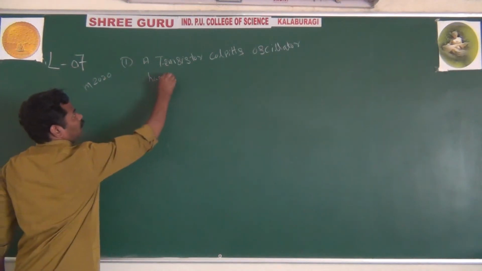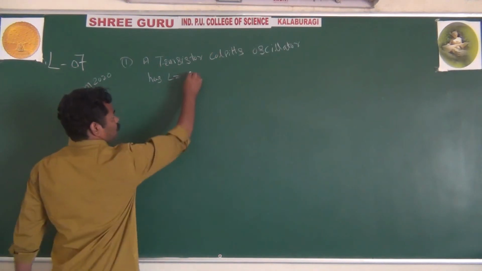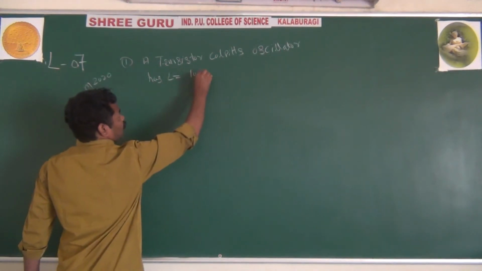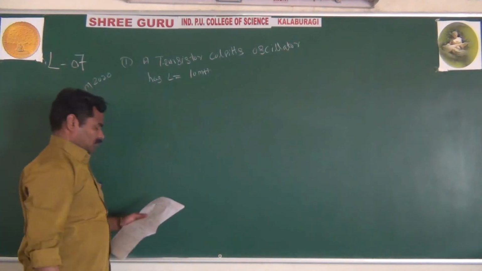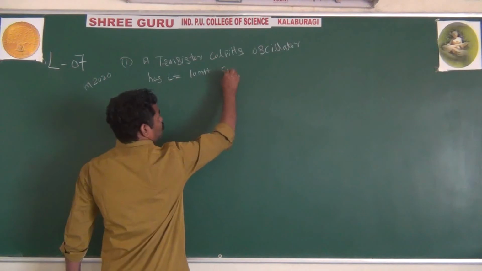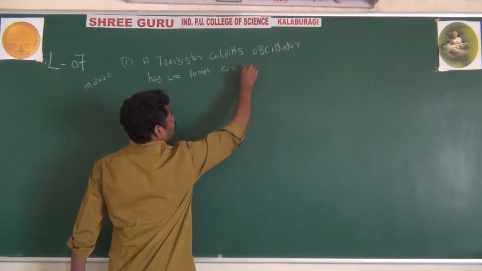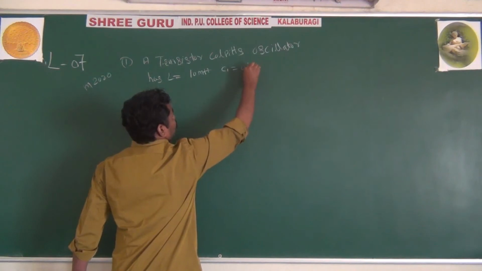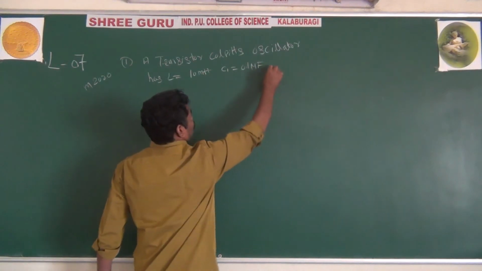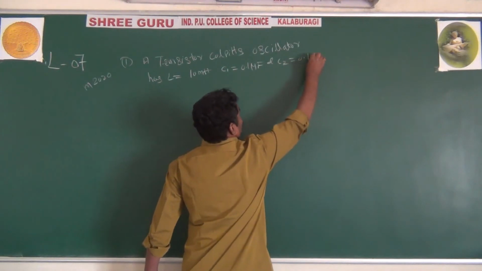They are given the L value, L is equal to 10 millihenries. And they are given C1 and C2. C1 equal to 0.1 microfarad, and also C2 equal to 0.1 microfarad.